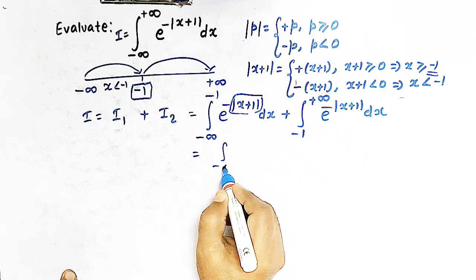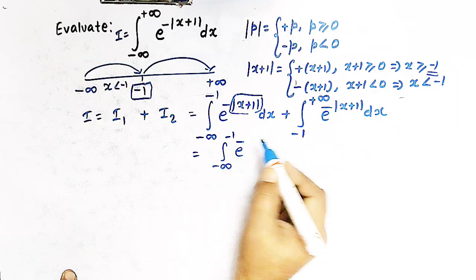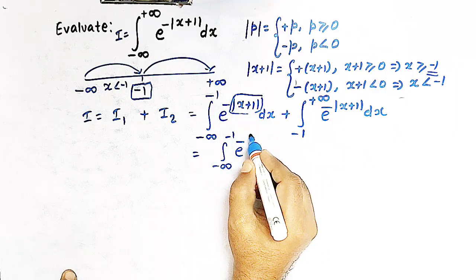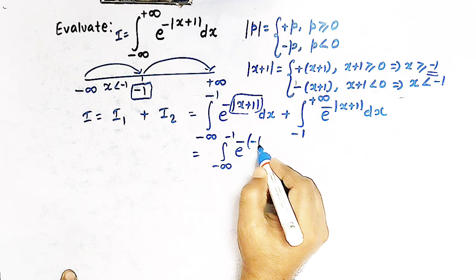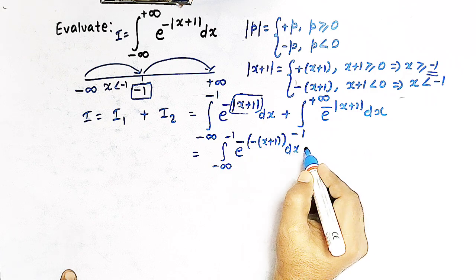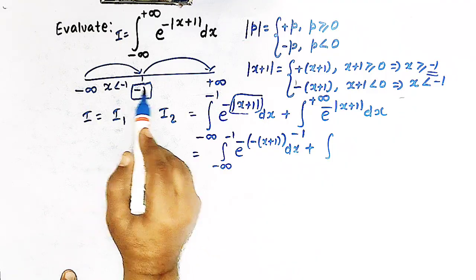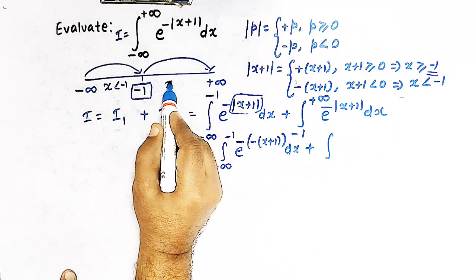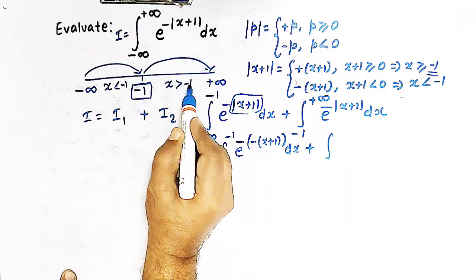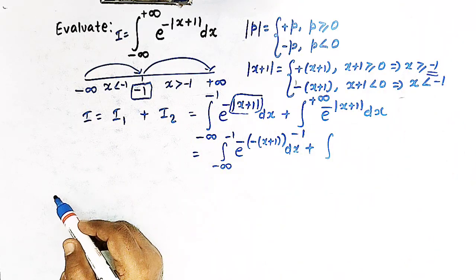So we have minus infinity to minus 1, and we have e raised to negative. Here we have the negative sign, and then we have negative of x plus 1, and here we have a dx. And when we go from minus 1 to infinity, then we have x greater than or equal to minus 1, right?